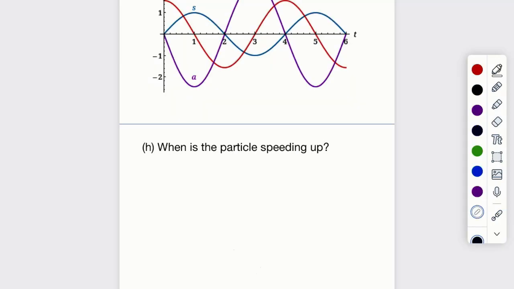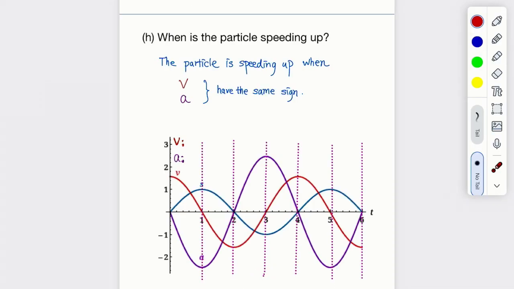Next question. Where is the particle speeding up? The particle is speeding up when velocity and acceleration have the same sign. Looking at the graph for the velocity function and also the acceleration function, we see that the velocity function, you see here, is above the t-axis.